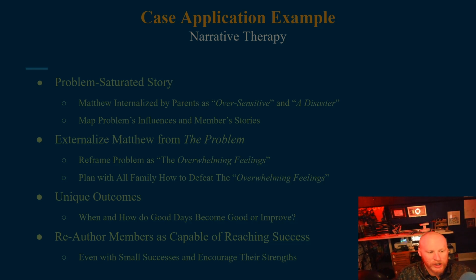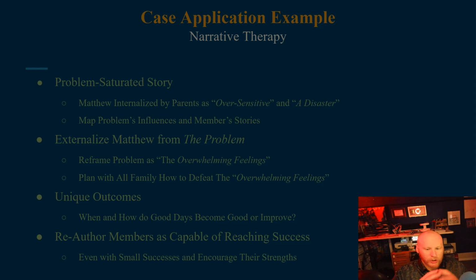Now, next is to reauthor the members as capable of reaching success, because if they're writing themselves as, oh, they can't overcome this, or he just has to run away to another room, or she has to raise her voice and escalate, or he has to cry, well, let's reauthor the story that they're all dealing with something that they could overcome, that they can defeat this overwhelming monster of their feelings.